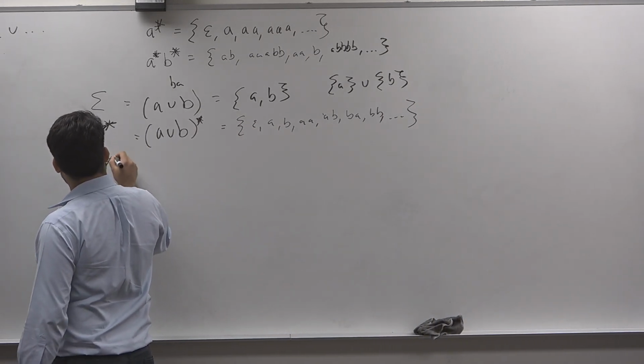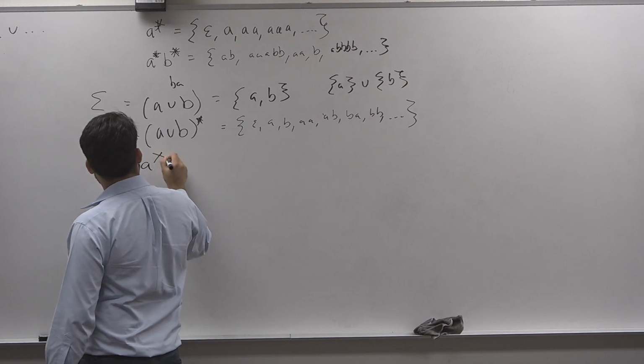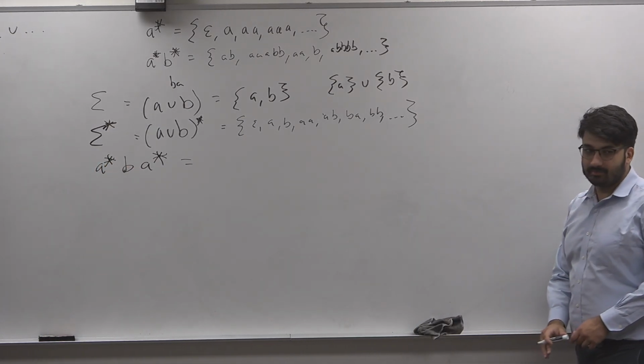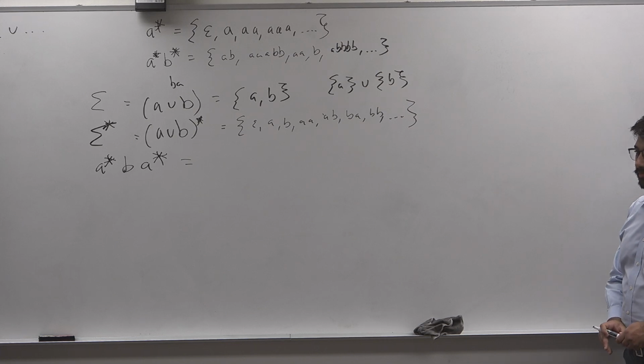What about A star, B, A star? Any number of A's, a B, and then any number of A's. That's correct. But give me another way to explain that. That is exactly what it says in a literal sense, but there's another human definition of that.